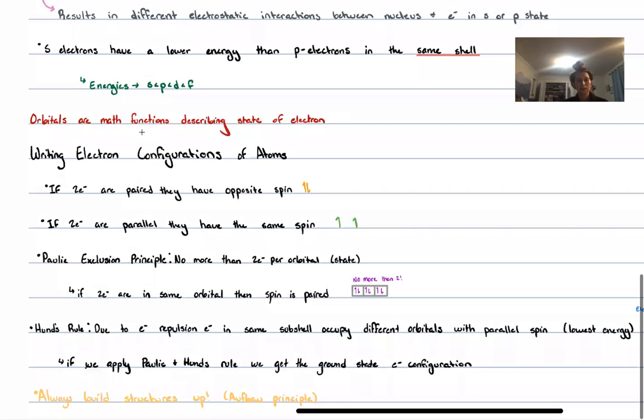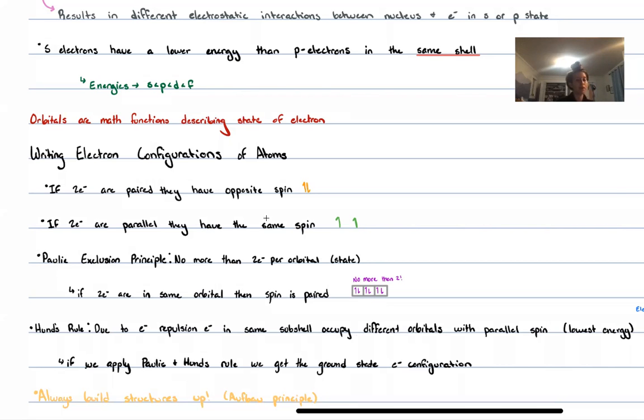And then, writing electron configurations. Okay, so electron configurations, basically, anytime you have paired ones, they have opposite spin. So a paired one would be something like this, when you have a full or more than half full shell, then you're going to see paired. It basically means that one has a positive spin, one has a negative spin.